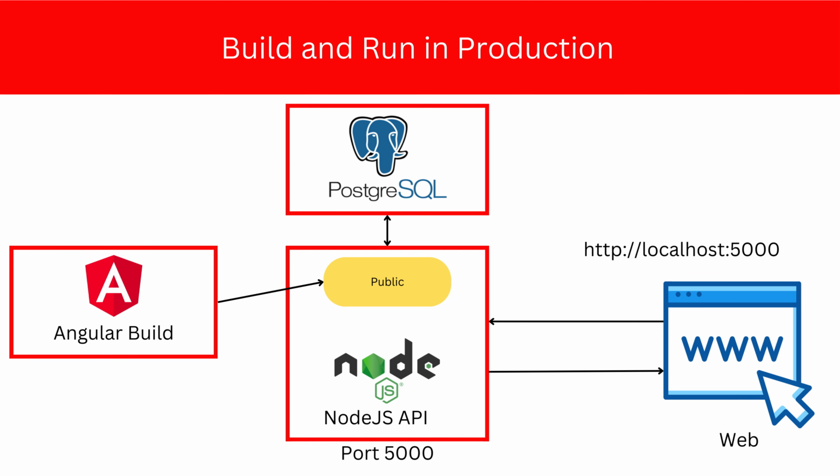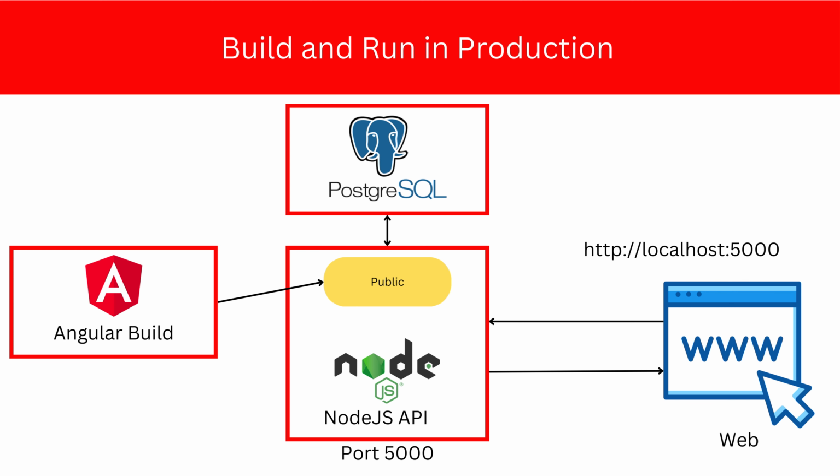Basically you bundle the whole Node.js application with these public assets, and you run this bundle on any Node.js runtime environment. You can run this on Docker, or on any Node.js runtime environment.